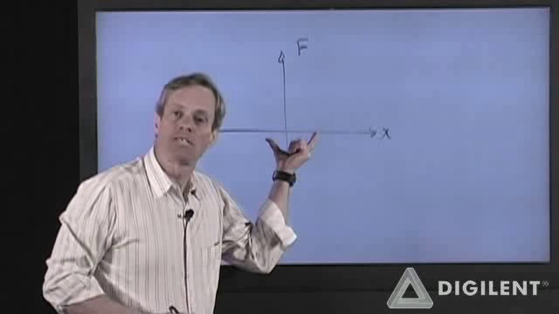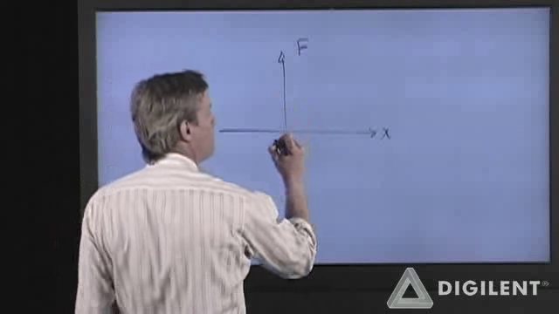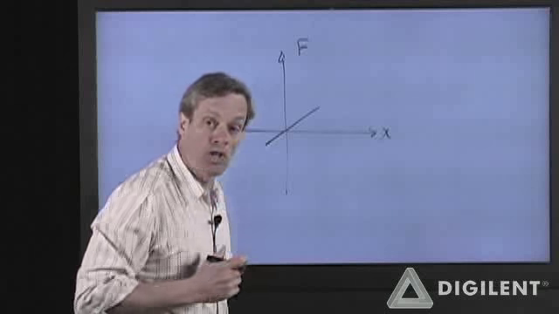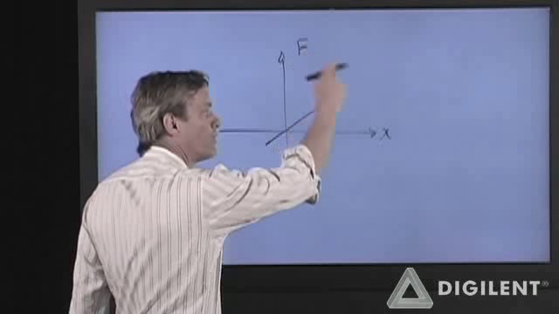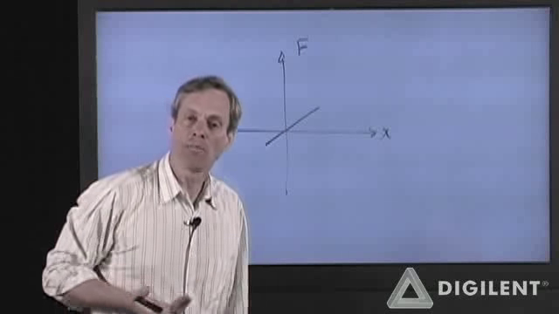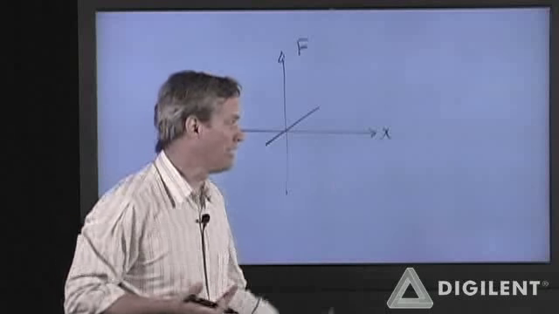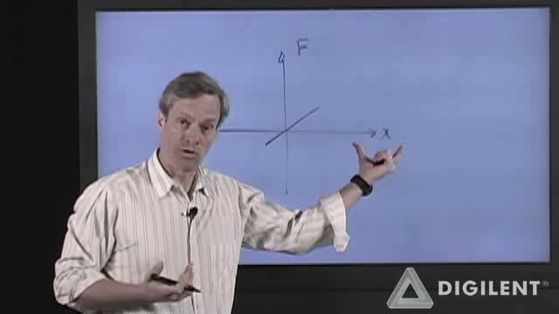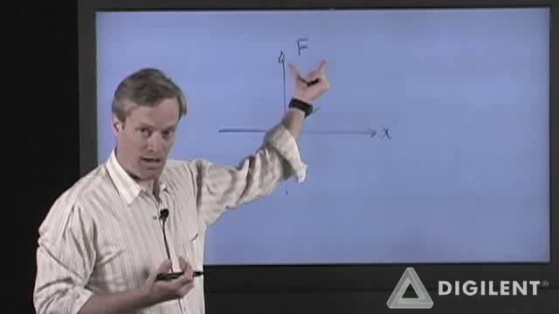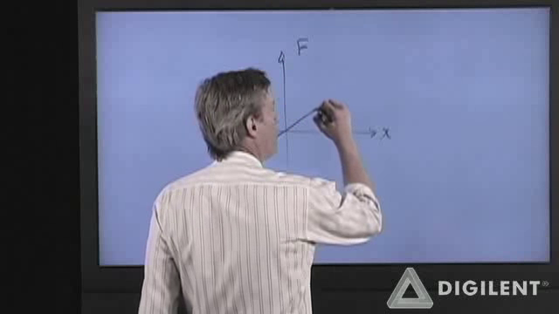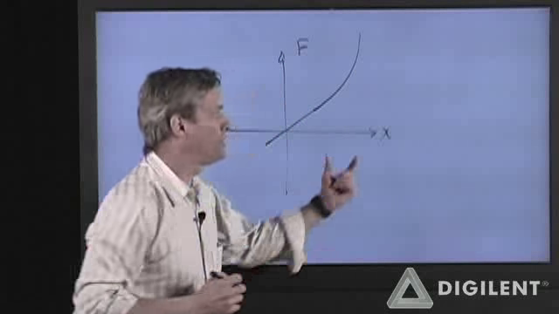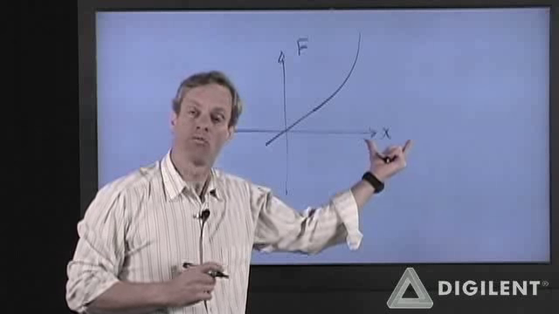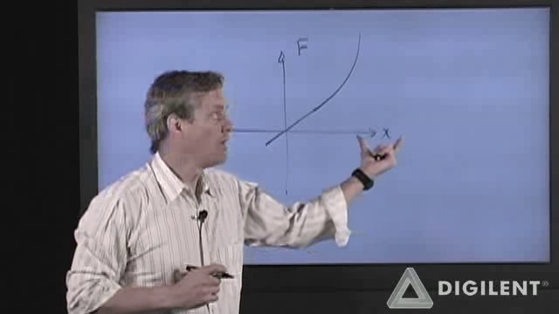For relatively small displacements or small forces, yeah, Hooke's law is going to hold. The force and the displacement are going to be approximately linearly related. As the displacement gets larger and larger, though, it may cause more and more force to be applied in order to get the same relative displacement, right?